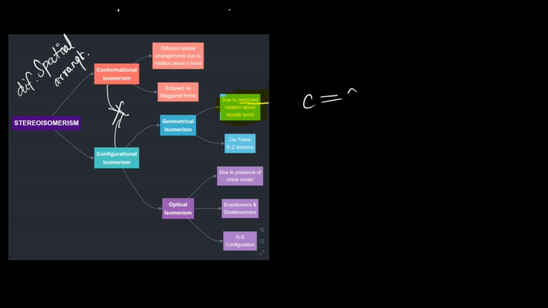Let's say I am having a double bond, CH2 CH2. Can I rotate this molecule? Is it possible? There is lots of strain. There will be a restriction to rotate this molecule, isn't it? I'm not talking about the rotation in this way. I'm just talking about the rotation over here.